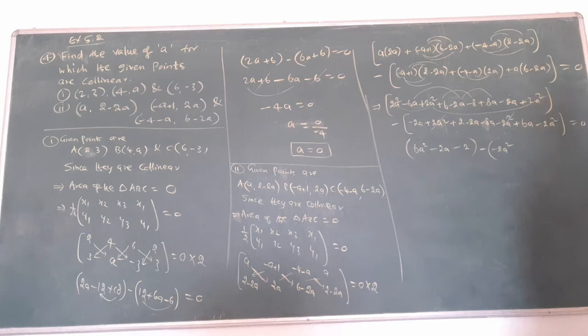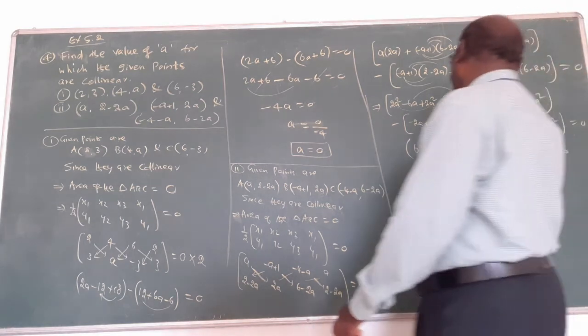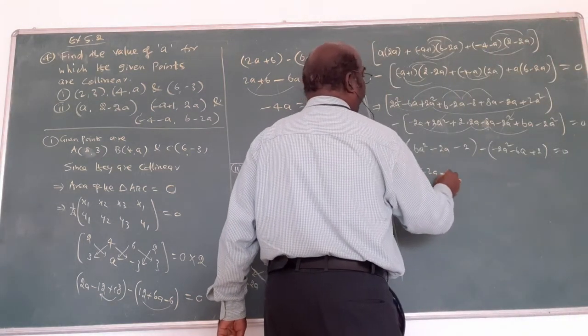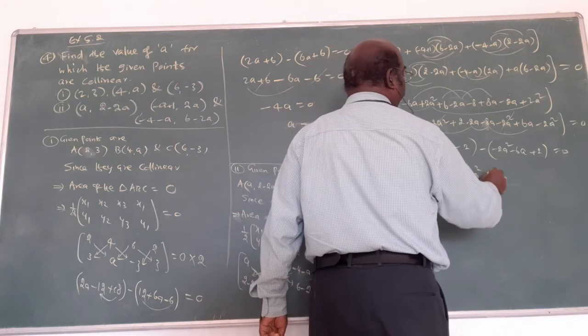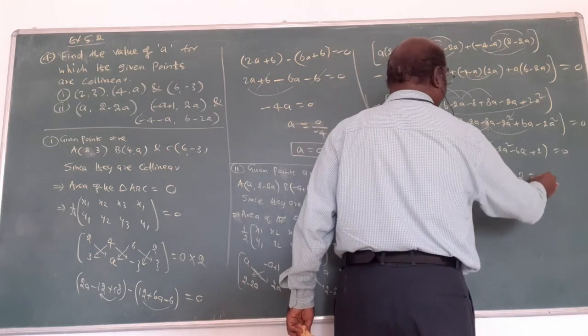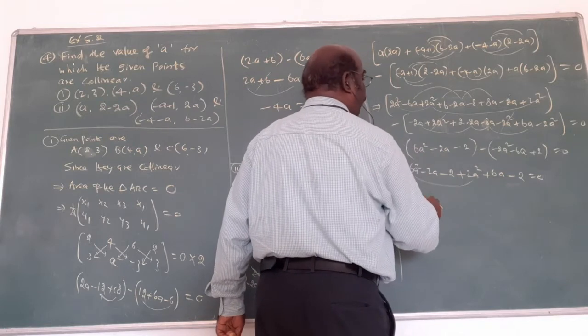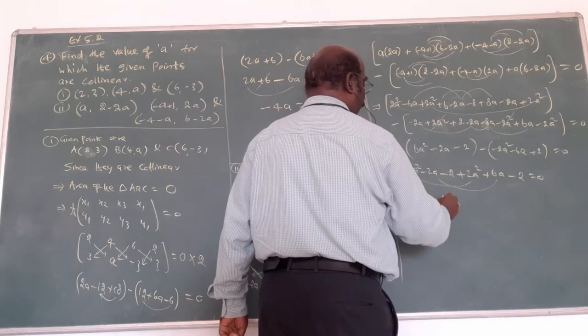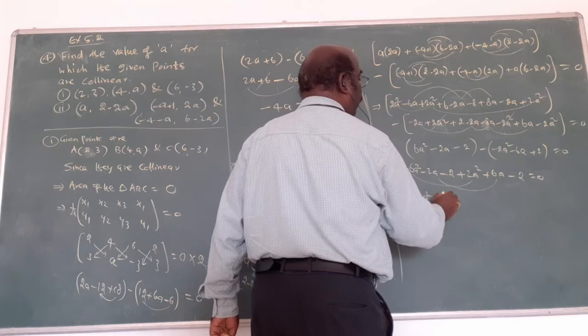And here 6a minus 2a, minus 3a, again minus 3a, again minus 6a. Now do the bracket: 6a square minus 2a minus 2 plus 2a square plus 6a minus 2a. Adding up, 8a square, plus 4a, number minus 4a.